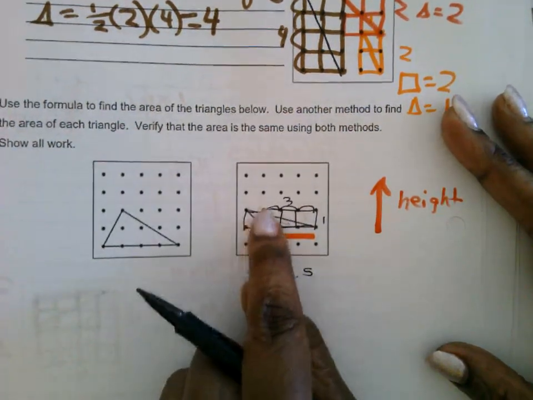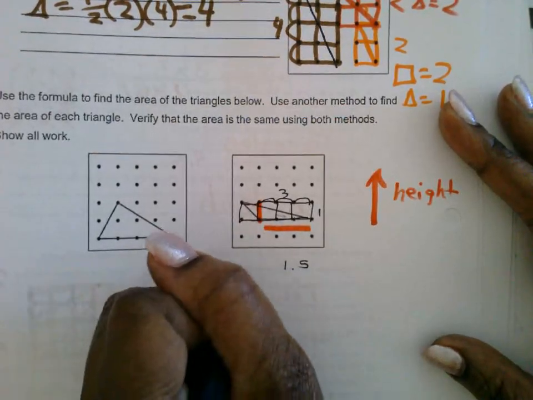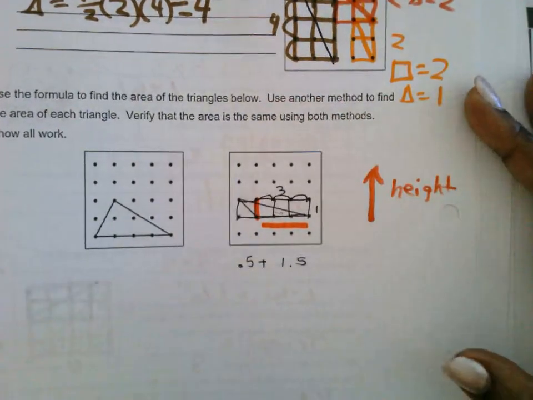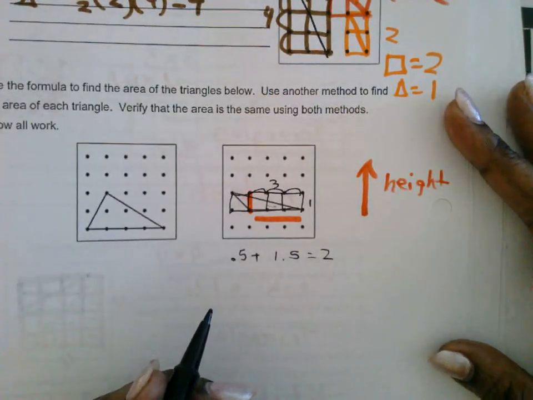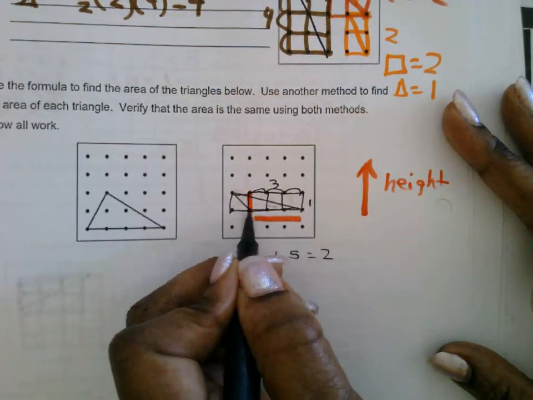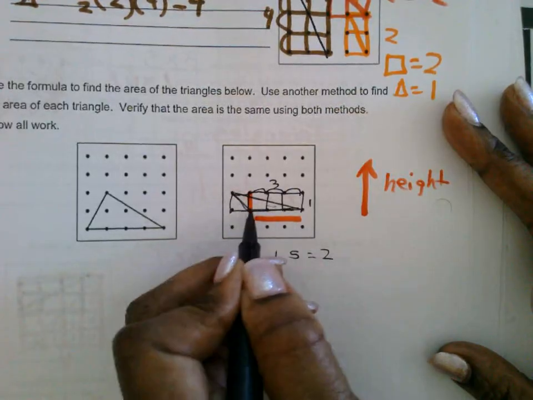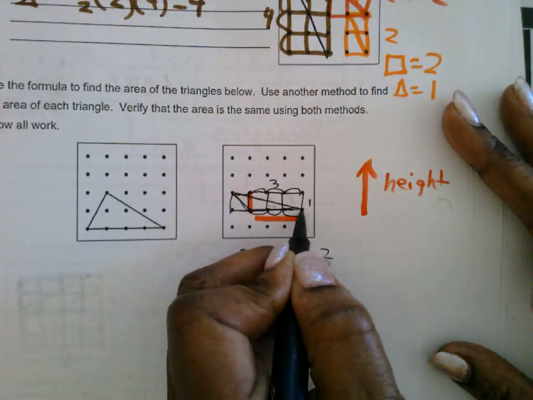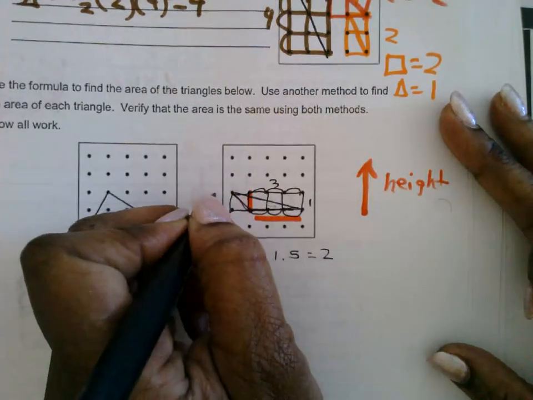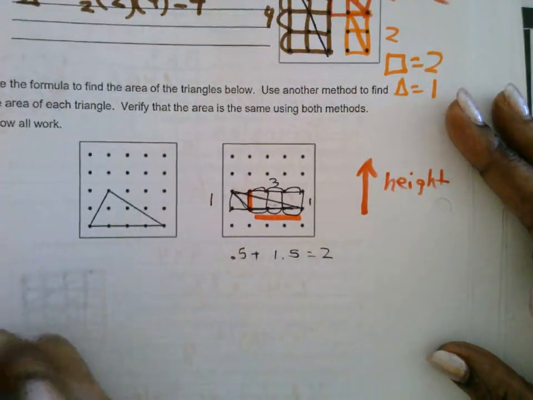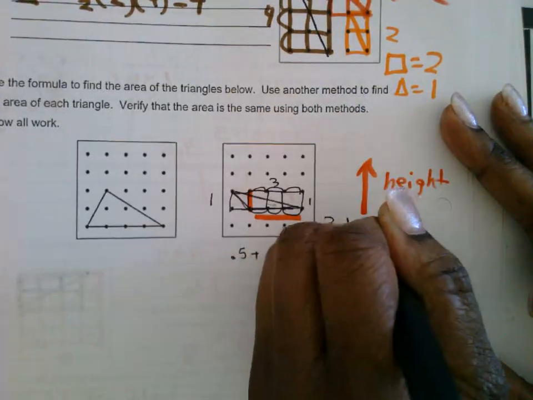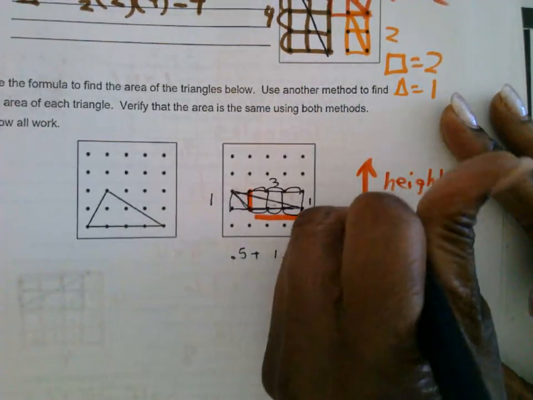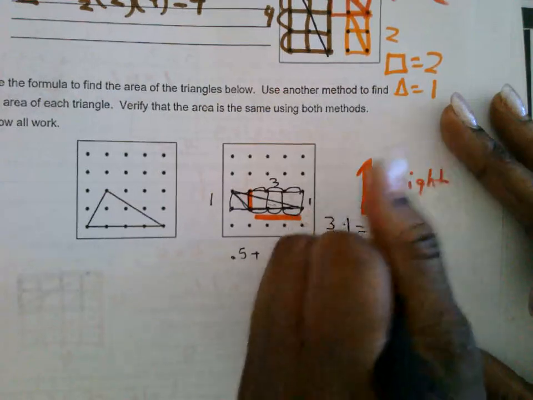And then this one is 1, but it's cut in half. So that's just 0.5. And then that area would be 2. But if you count for the triangle itself, it has a base of 3 and a height of 1. 3 times 1 is 3, and you take half of it because it's 1/2 base times height.